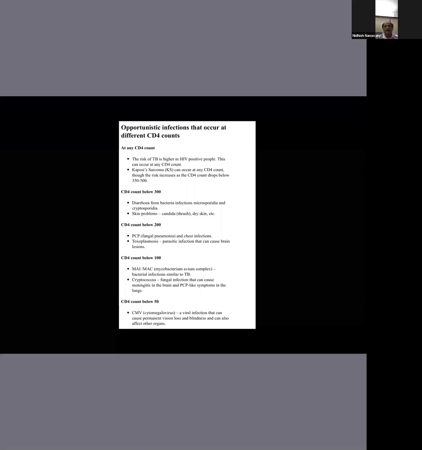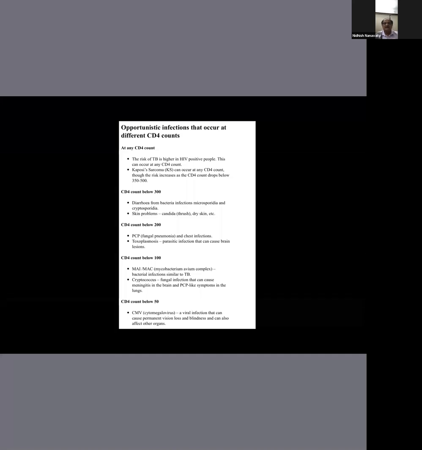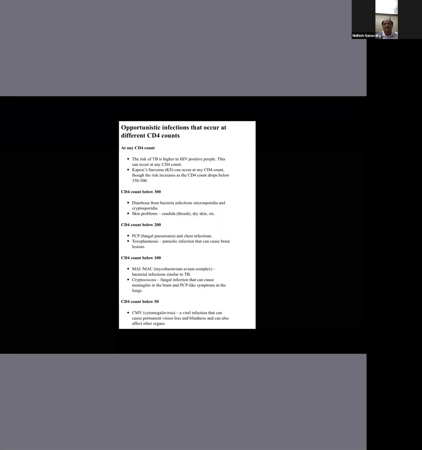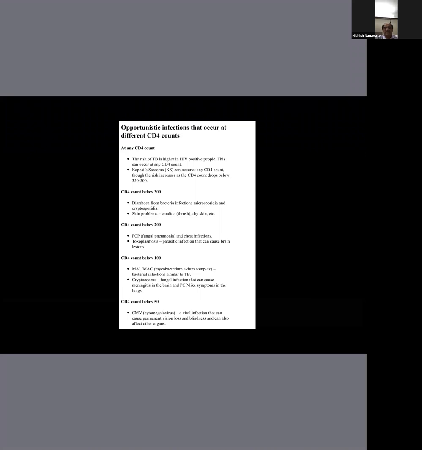CD4 count below 100 brings Mycobacterium avium complex infection, similar to TB, and Cryptococcus fungal infection that can cause meningitis in the brain, and PCP-like symptoms in the lungs. And with CD4 count below 50, there is cytomegalovirus infection, a viral infection that can cause permanent vision loss and blindness, and it also affects other organs.